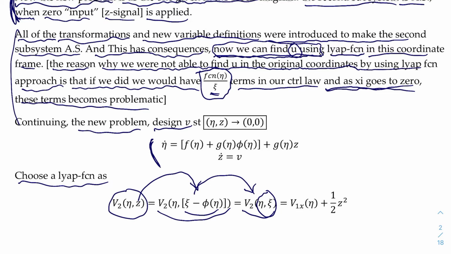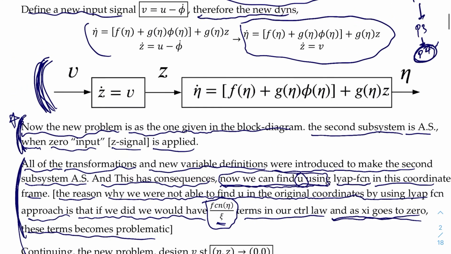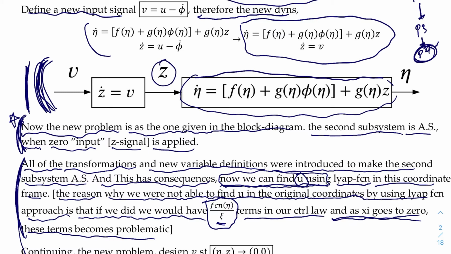And since we have talked about this subject, what was that? If you transform that problem such that you have this, what's the property of this system? If the second system is such that when you apply 0 input, eta is guaranteed to be asymptotically stable, that's an important property.